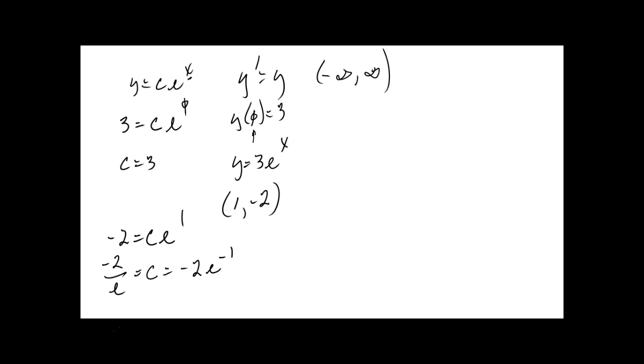So this is just a number, but it's a negative number. E is about 2.7, so e to the minus 1 would be about something around 1/3. So this would be like negative 2/3. Well, that's just going to be a curve down here. Go back and put it in there. That would be y is equal to negative 2/3, or 2 over e.